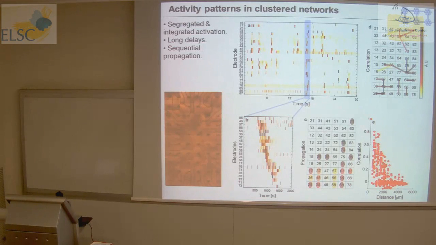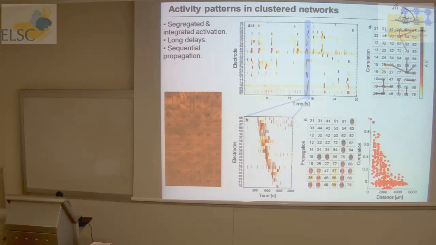And you can also see the sequential activation if you plot this burst on the physical space and mark the center of mass with color code. And here, in this case, it started here, propagated to the left, and then upwards. And this is for one specific burst. Different bursts have different propagation patterns. And you can also look at a correlation between each cluster and all the other clusters.